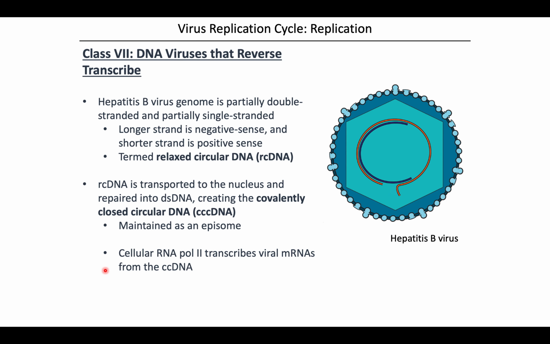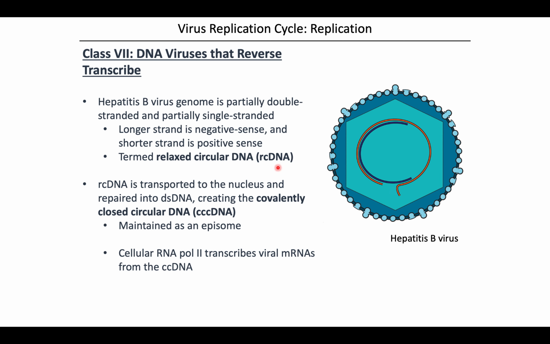And so I mentioned a partially single-stranded, partially double-stranded genome. What does that even mean? Well, it looks something like this. You can see there are portions here, like on the right side, where this is completely single-stranded DNA. And then we've got portions like this on the left side that are completely double-stranded. So very unusual. This is technically termed the relaxed circular DNA, or rcDNA.